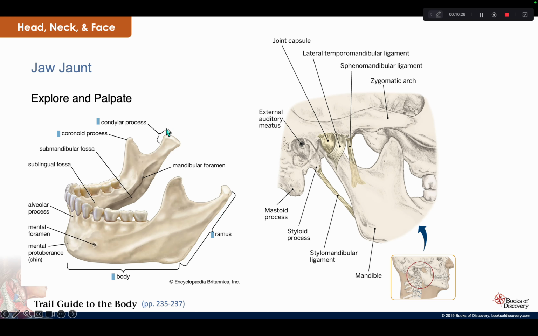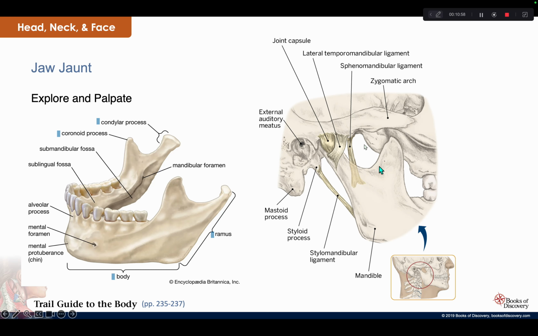Your condylar process attaches kind of where your TMJ is. This back section of your mandible or jaw is the ramus, and this bottom part where it goes to your chin would be your body. And for funsies, you have two little holes in the front of your chin, and those are the mental foramens.